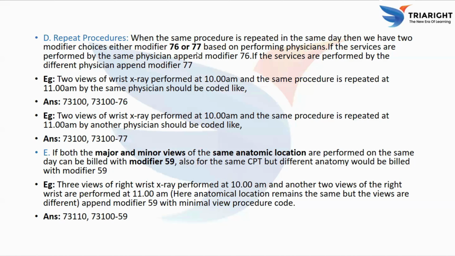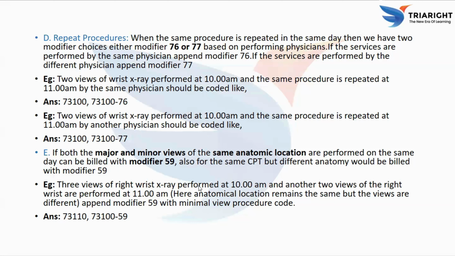Next is modifier 77, which is a repeat by a different physician. You use it when it is the same CPT, same body part and same day, but performed by a different physician. For example, there are two views of the wrist X-ray, one at 10 a.m. and one at 11 a.m. by a different physician. For the first view, you assign CPT code 73100, and for the second view, the same CPT code with modifier 77 and modifier 59, distinct procedural service.